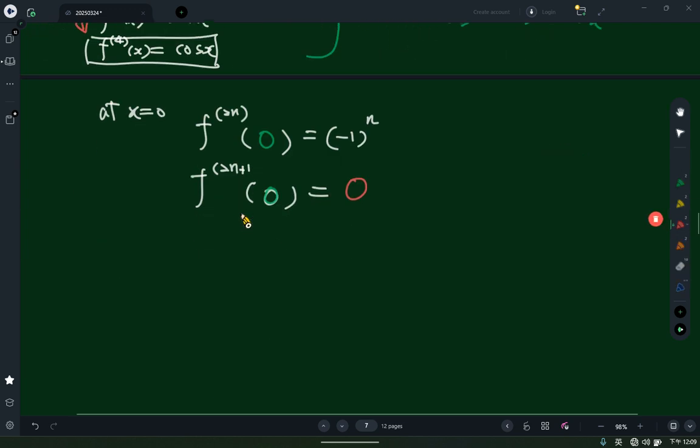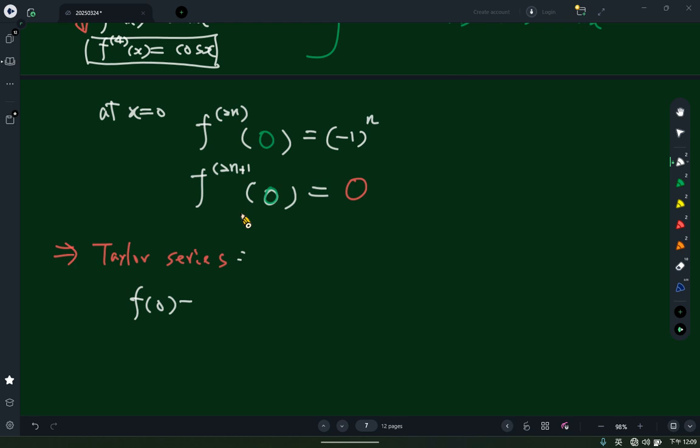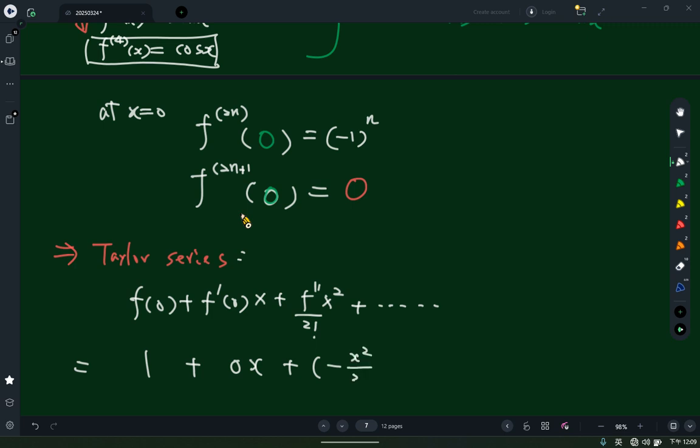So its corresponding Taylor series will be f of 0 plus f prime of 0 times x plus f double prime of 0 times x squared divided by 2 factorial. Then it will be 1 plus 0x plus negative x squared over 2 factorial plus 0 times x to the power 3 plus x to the power 4 divided by 4 factorial.